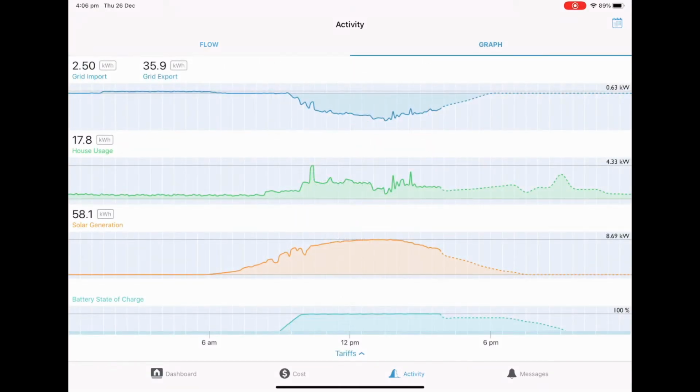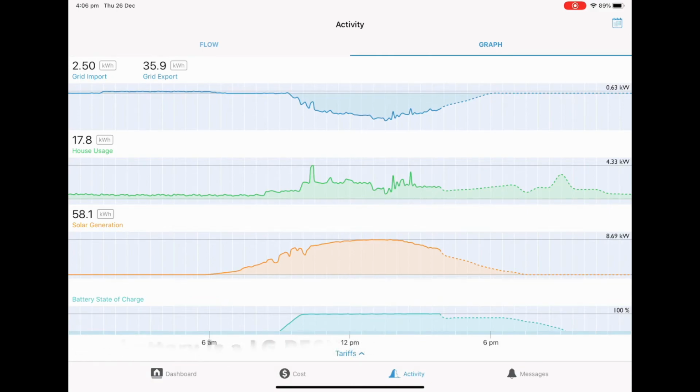Okay, so this is a graph. So it basically just gives you that information in a graph format. So the top one is basically what's happening at the moment. So you can see pretty much you've got a flat line. Now looks to be about 3 a.m. the battery went flat, and I started using some power from the grid.